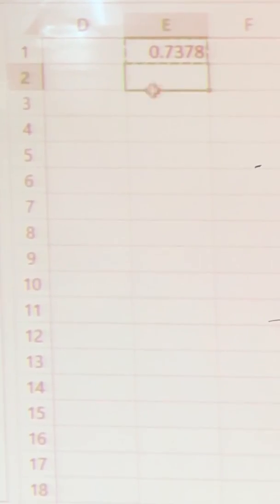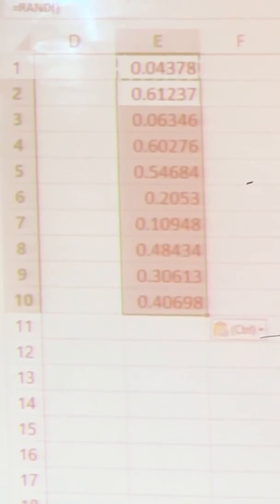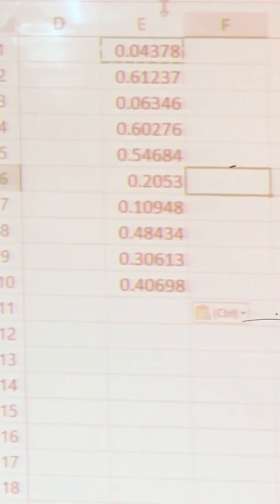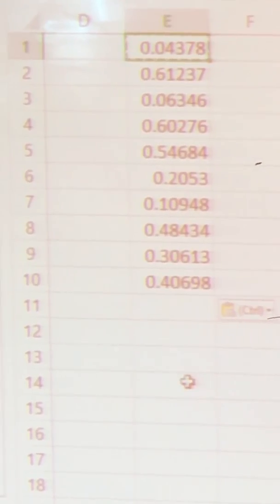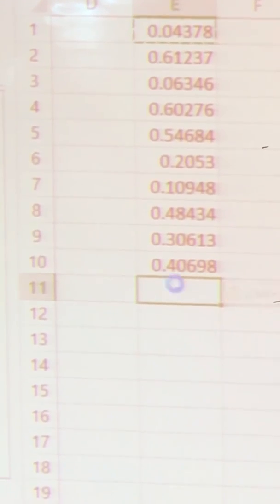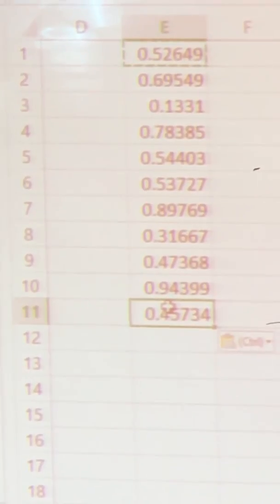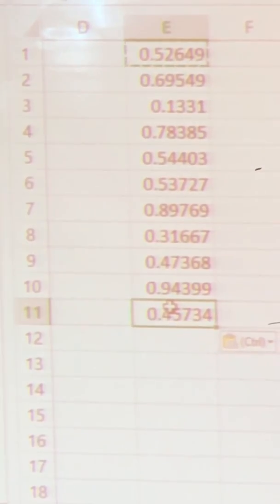Okay. Now, if you want to generate say 10 random numbers, you can copy and paste it. But the thing is, the random number that was generated before will change. So each time you click on that cell, use that formula and generate a random number, the whole sequence will change. Doesn't matter, they're still random numbers. Okay?